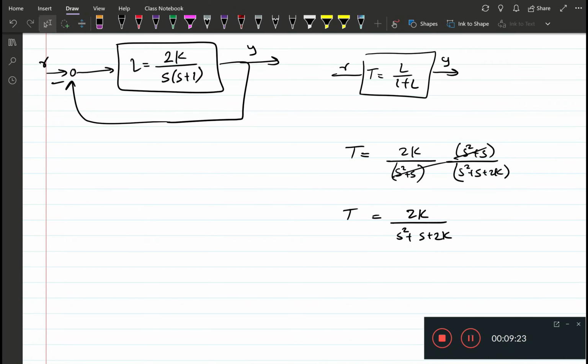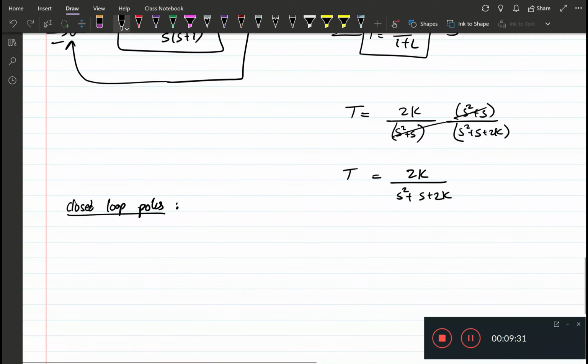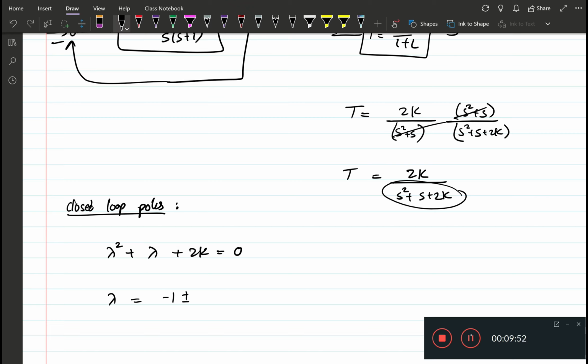Now the closed loop poles would be given by the roots of the quadratic equation given here, because that's the characteristic polynomial, and we can then just say that the roots or the poles are at -1 plus minus, using the quadratic formula now, square root of b square minus 4 into 1 into 2k, divided by 2.